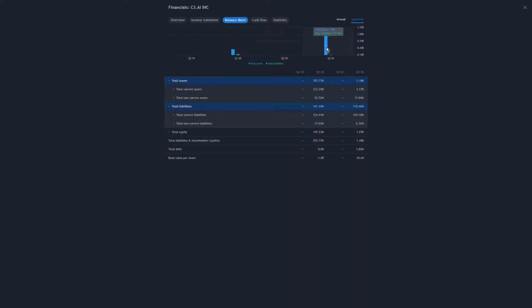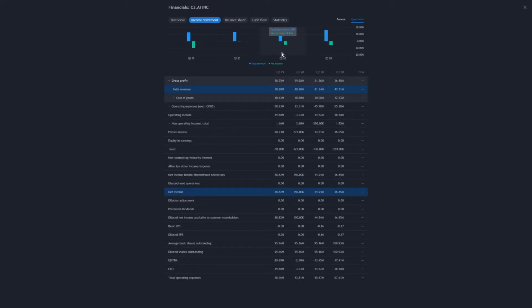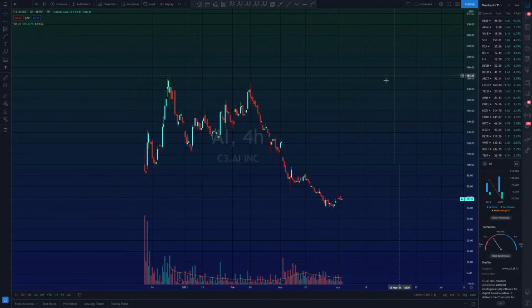But their balance sheet looks okay. It looks like they got almost no debt, which is nice. So maybe they're okay, maybe they won't have to do an offering, but that is crazy. I wouldn't touch that. I would wait for this to be bullish again. There's way better stocks out there.